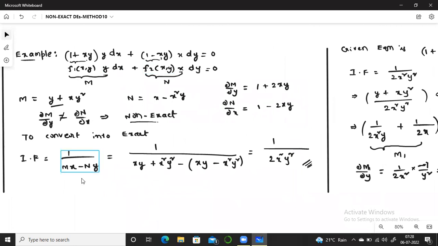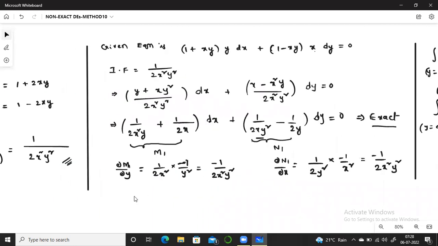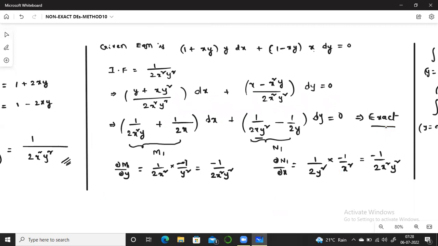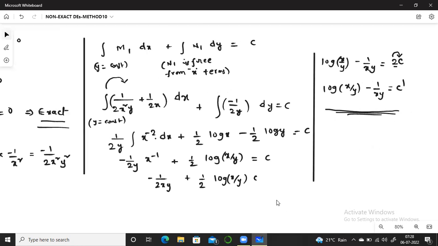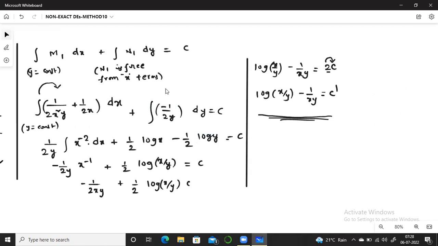In this, I calculated the integrating factor 1 over Mx minus Ny. I multiplied the whole equation with this integrating factor, and finally I converted it into exact. Once the equation became exact, I know the direct solution that I can apply. We have the formula. That formula I have applied. Finally, we got a solution. As simple as that, this method is.